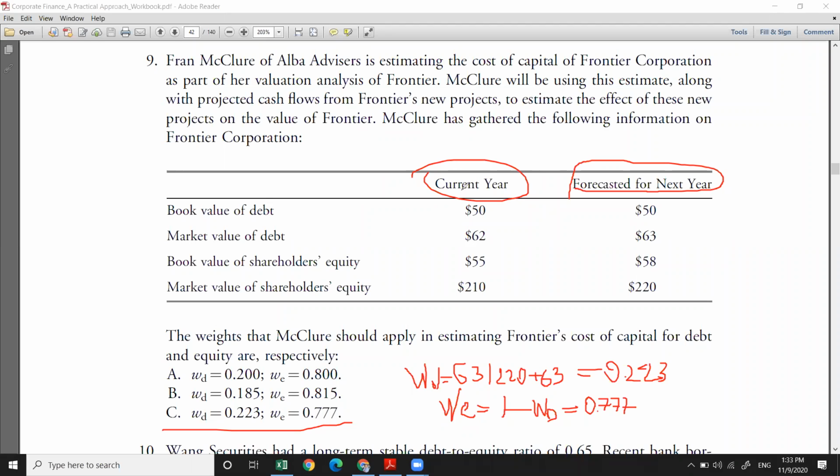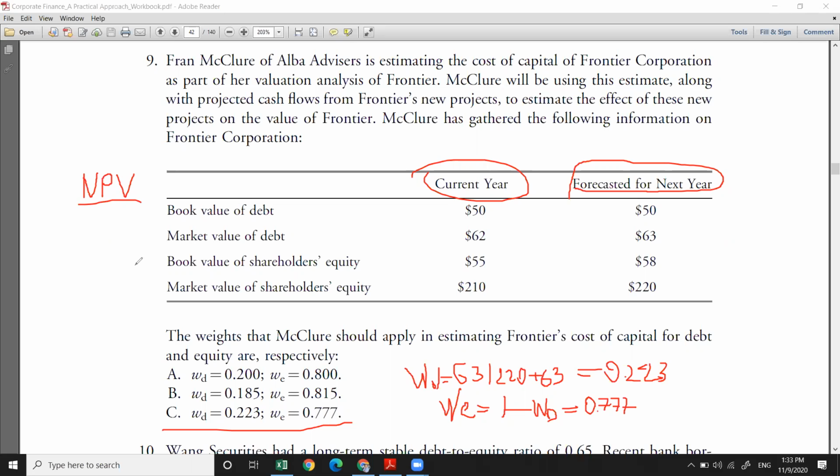To calculate maybe valuation. Where do we use this WACC? NPV. We're using it in NPV. NPV is the net present value, to decide whether to run the project or not.